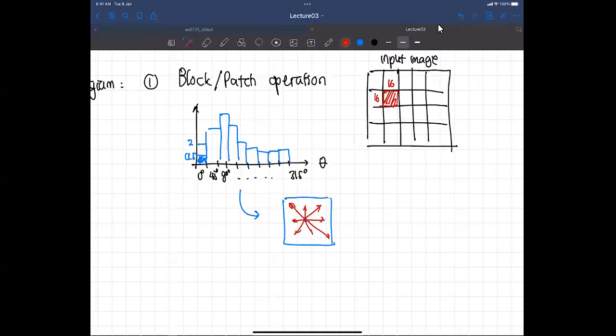If you want, you can put this on top of the patch, then it will give you the dominant orientation of the pixels in that patch. Any questions here? Well, this operation is not necessary. It is only for visualization, basically.